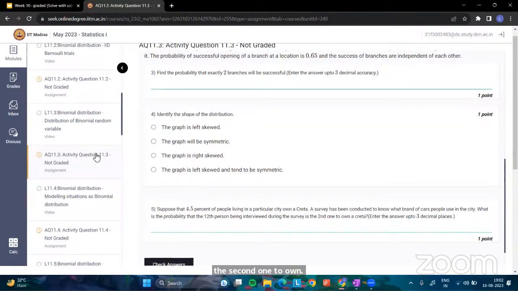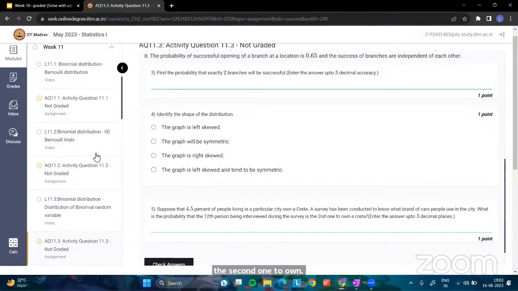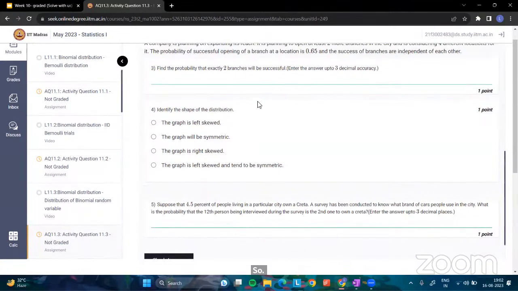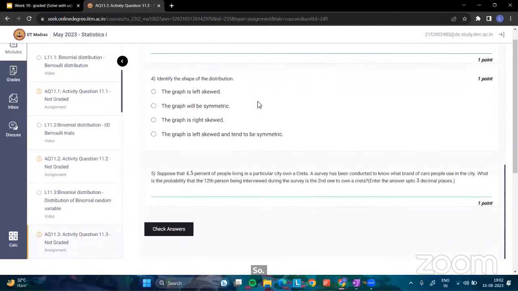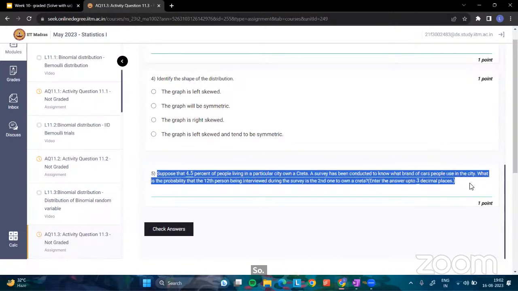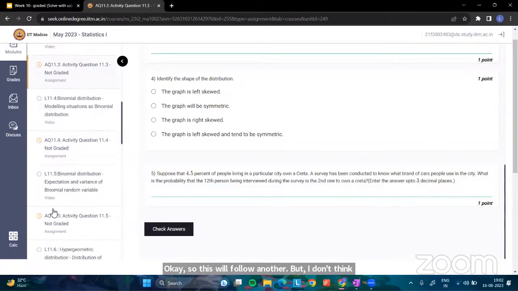So until here, you just learned binomial and Bernoulli, right? Okay, so this will follow another distribution, but I don't think you've reached there yet.